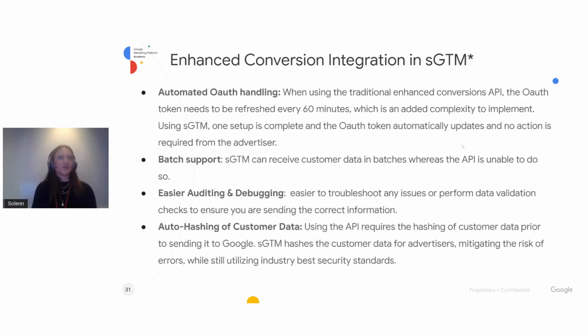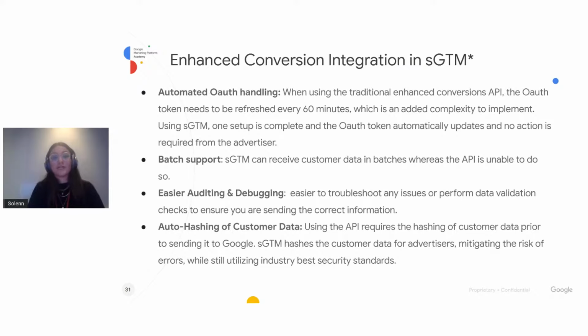And enhanced conversion integration in sGTM. I added a star because, as mentioned, it's in closed beta. So we have automated authentication handling. Before, you had a token that needed to be refreshed, of course, for privacy reasons, and that was required to be done manually or automatically by the advertiser.